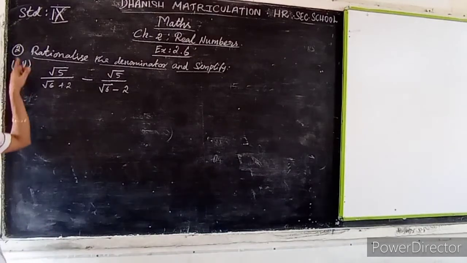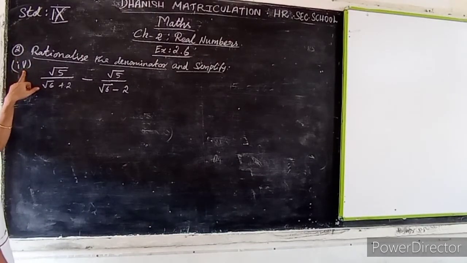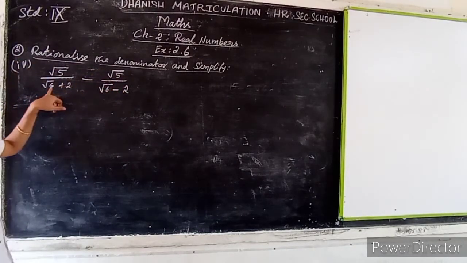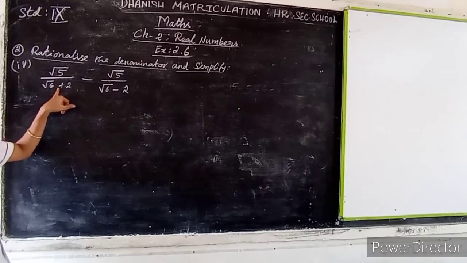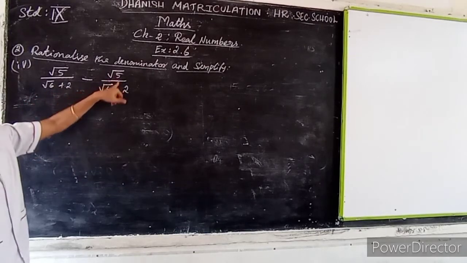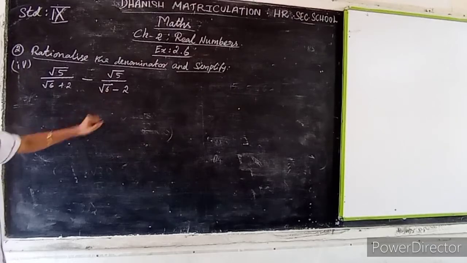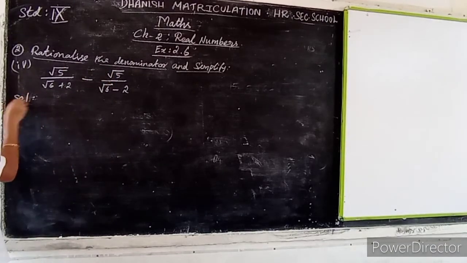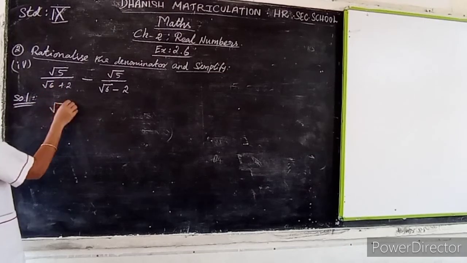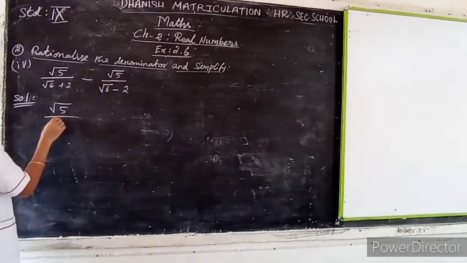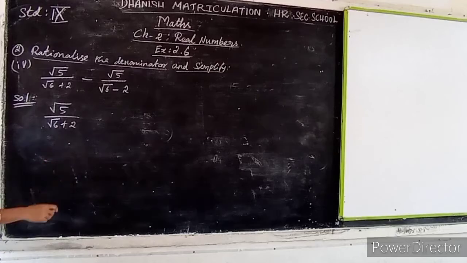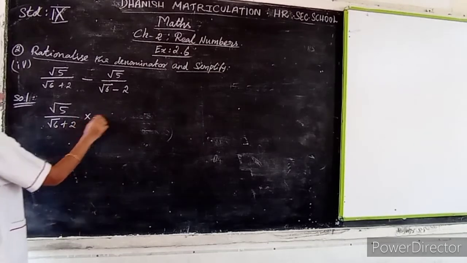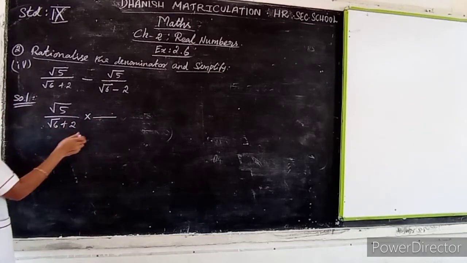Now question number 2, fourth subdivision. Rationalize the denominator and simplify root 5 by root 6 plus 2, minus root 5 by root 6 minus 2. So here two terms are there. First take root 5 by root 6 plus 2 and multiply this term by its conjugate.